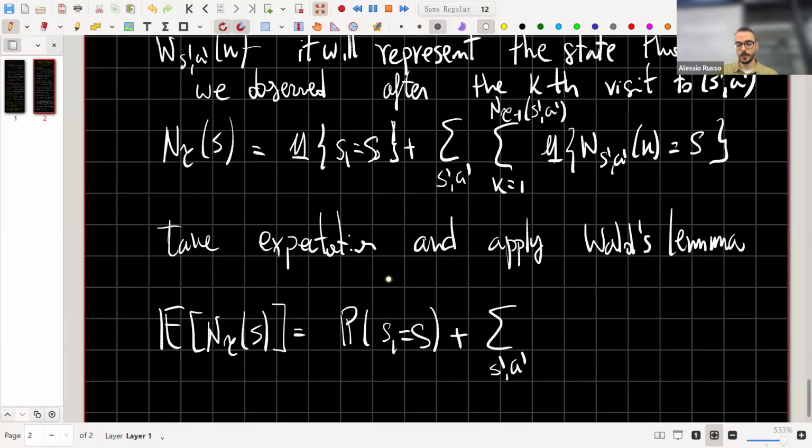Applying Wald's lemma, it simply becomes the expected number of visits to S' A' up to τ minus 1, times the probability. This indicator function, on average, is the probability of visiting state S from S' A'.